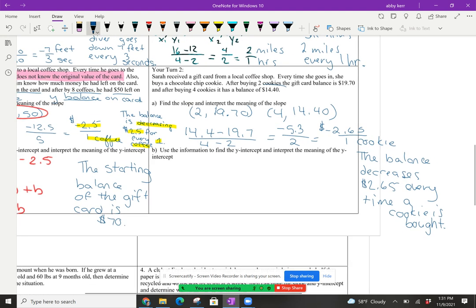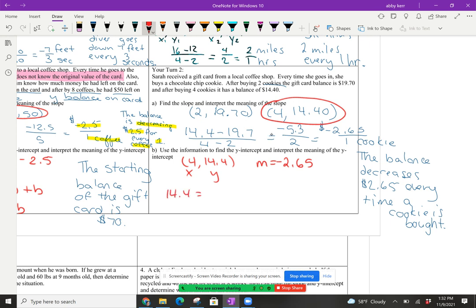Now for the y-intercept, honestly, it doesn't matter which ordered pair. I'm just going to choose the second one because it's the first one that my eyes went to. That's your x, this is your y. We just found our m value. So 14.4 equals negative 2.65, parentheses 4, and then plus b.